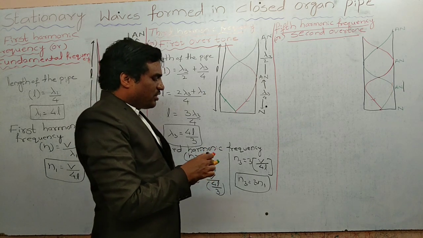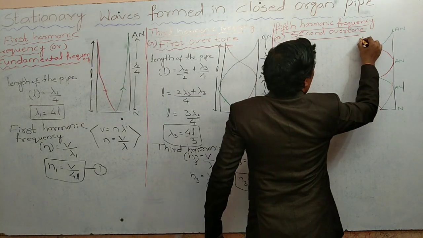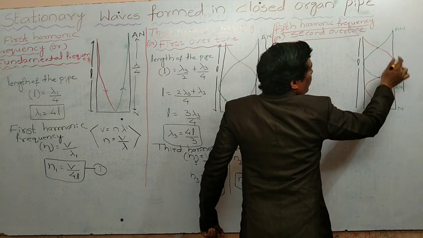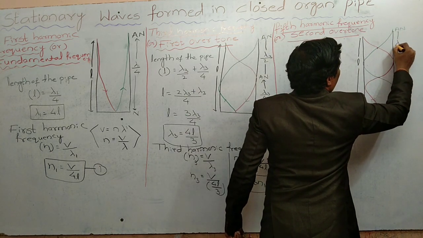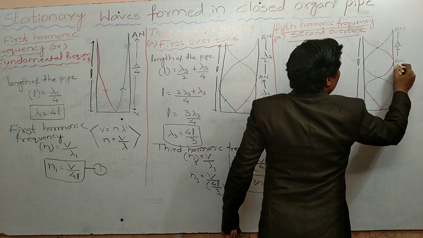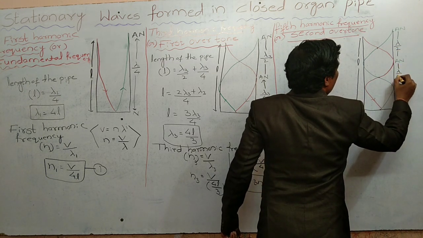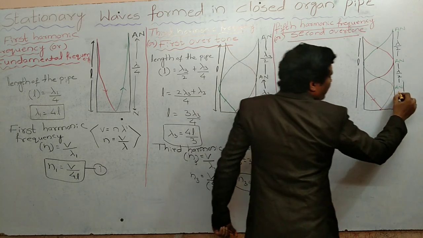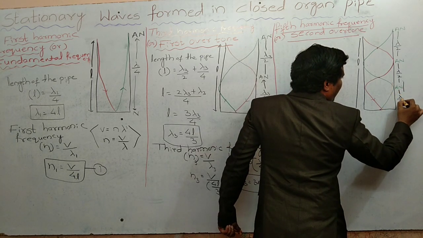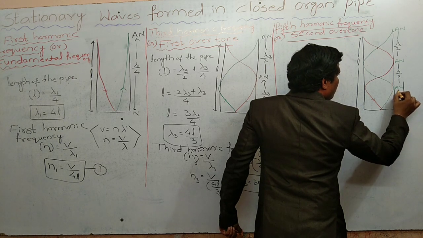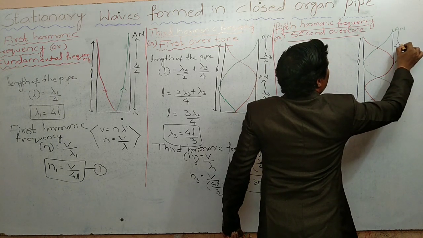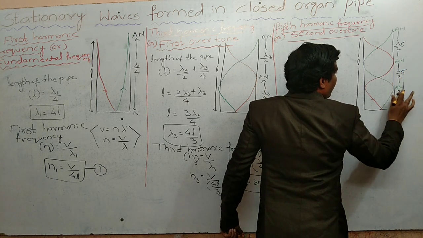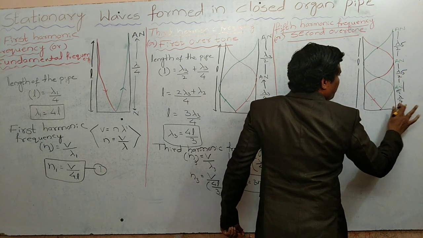Now the length of the pipe is L. Antinode to antinode distance is lambda by 2, and again antinode to antinode distance is lambda by 2. Antinode to node distance is half of that, lambda by 4. Here it is suffix 5.